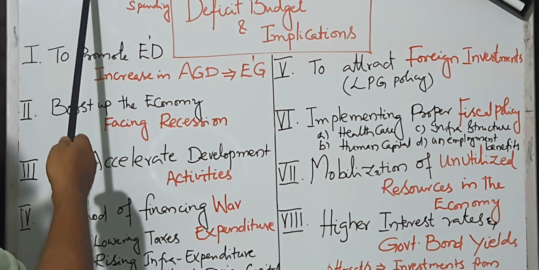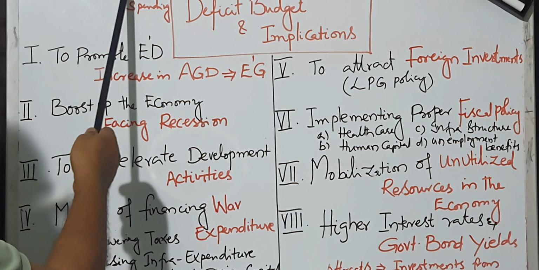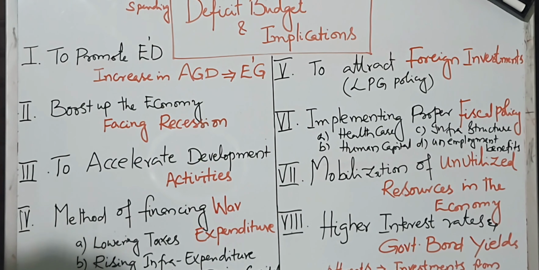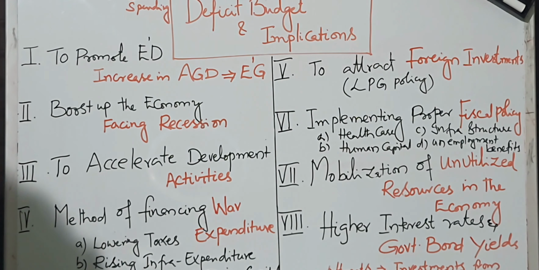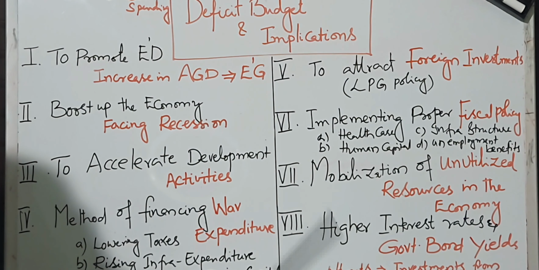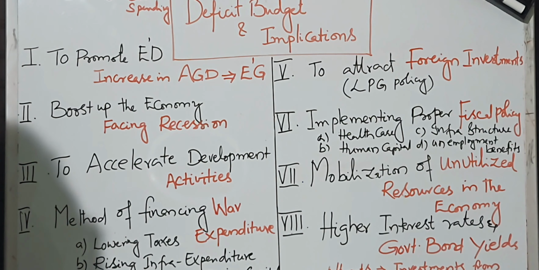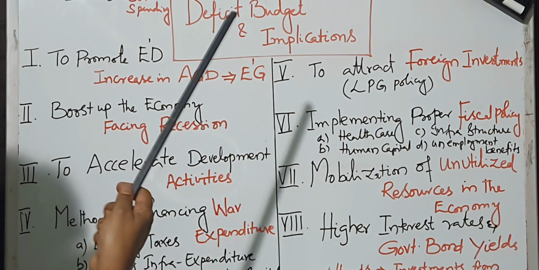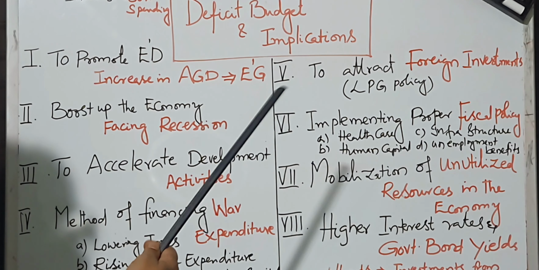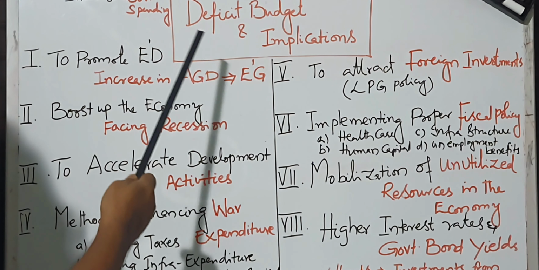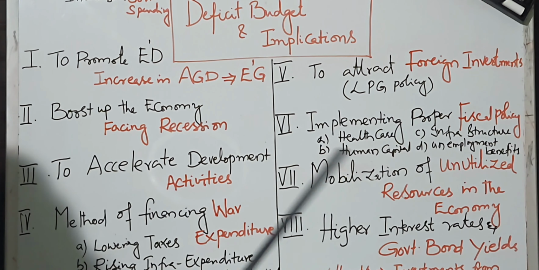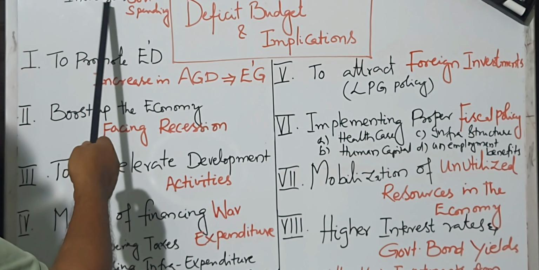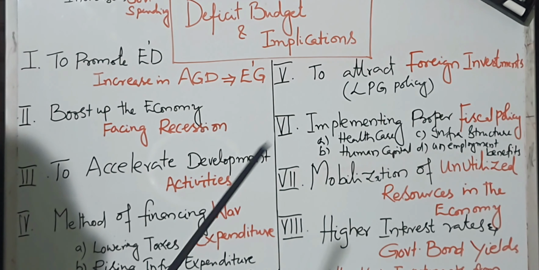In the deficit budget there is a reduction in the taxes, meaning reducing corporation taxes and income taxes. There is no need to increase the taxes. Without increasing the direct taxes, income tax and corporation taxes, government can increase its spending.